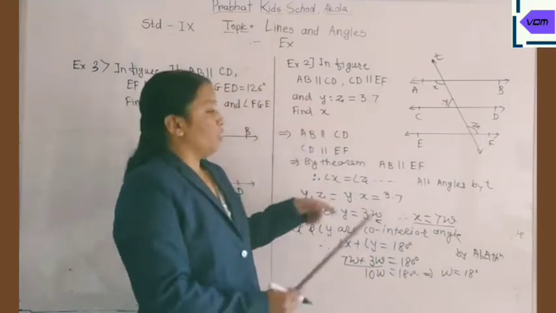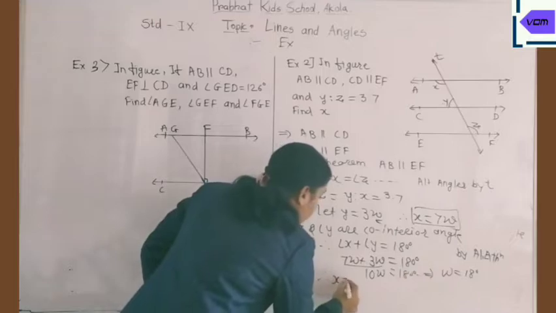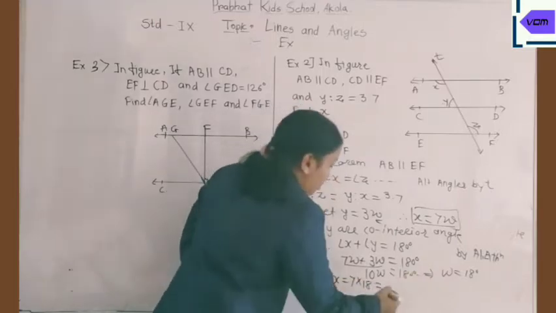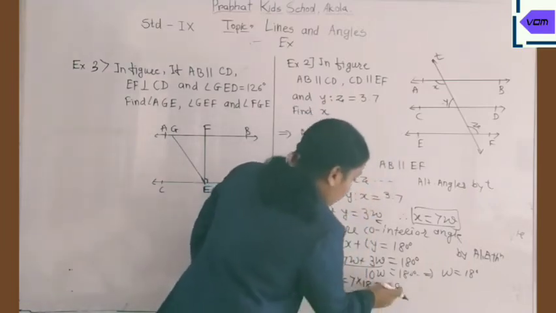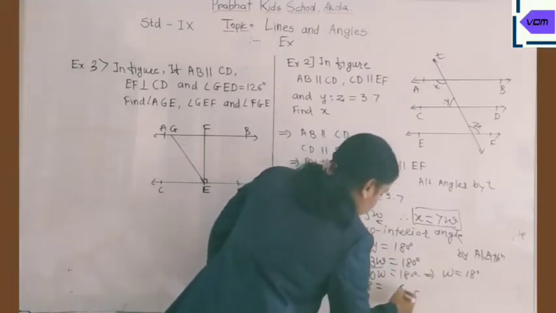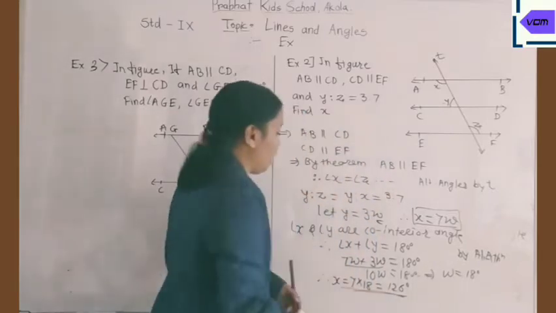We want to find the value of X. Therefore X is equal to 7 into 18, that is 126 degrees, and that only you have to find.